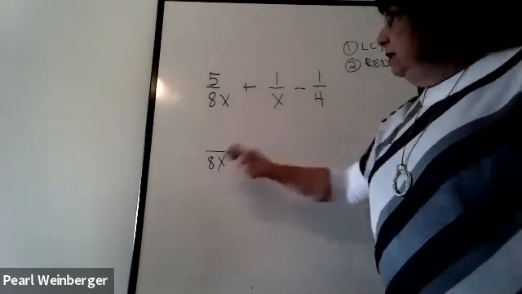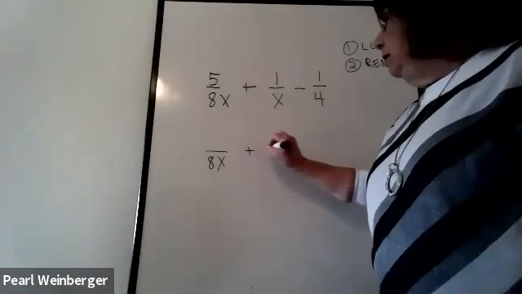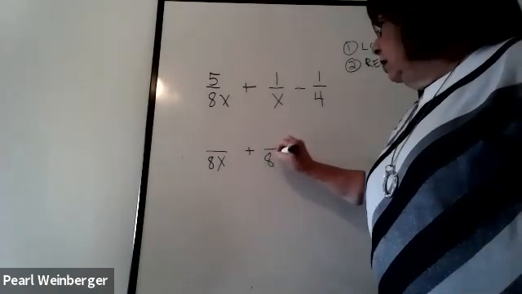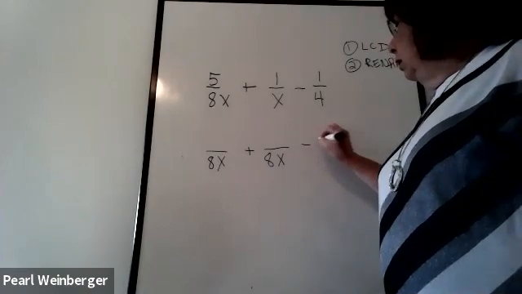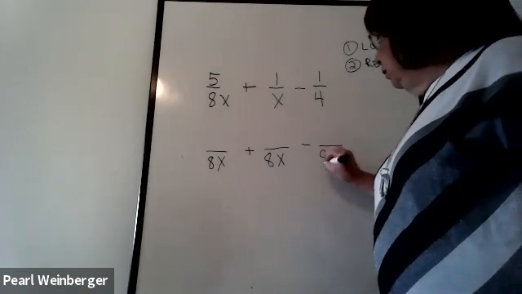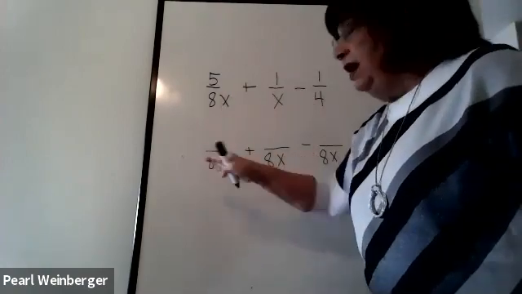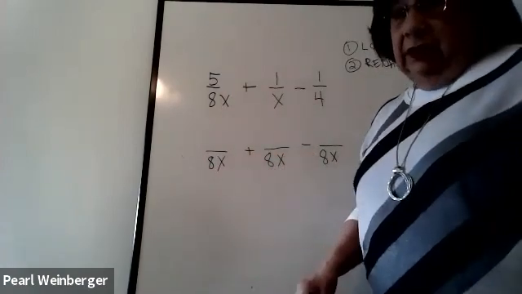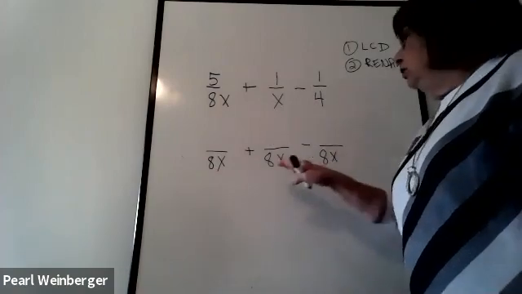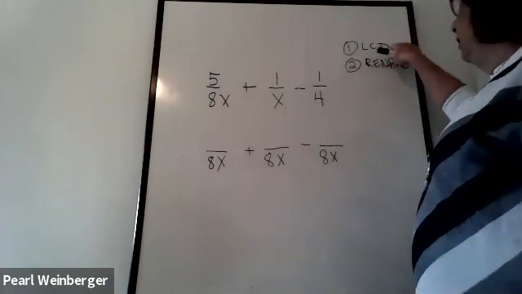My common denominator then becomes 8x. Remember, with a common denominator, we're looking for something that each denominator can divide into. So now we found our LCD.